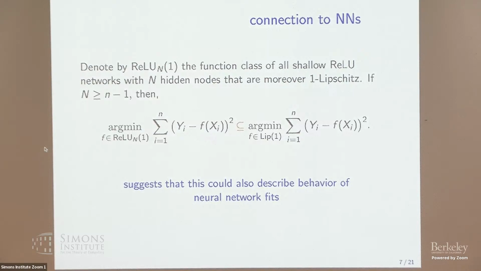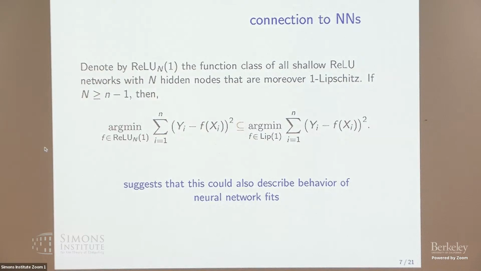If you take the function class of ReLU networks constrained so that they only output Lipschitz 1 functions, and you take enough hidden units, then all the empirical risk minimizers over the Lipschitz space are contained in it. If you have an empirical risk minimizer that is not piecewise linear, you can replace it by something piecewise linear and only make the least squares loss smaller. That's basically the argument.